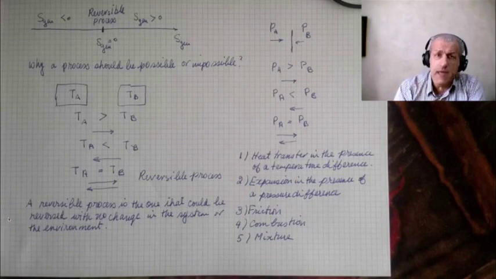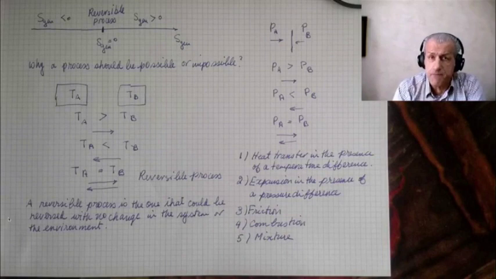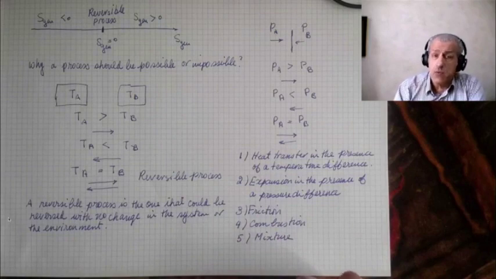So entropy increase would be important so long as you can differentiate between the 2 items that you have mixed. These are the 5 elements in a process which could make it irreversible and could make it possible.